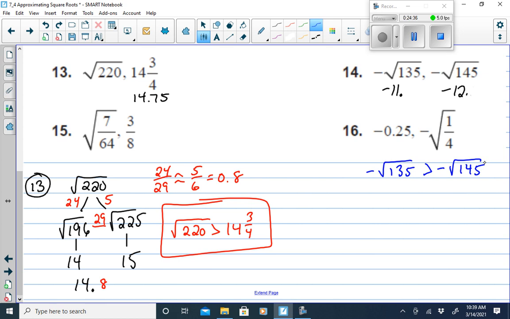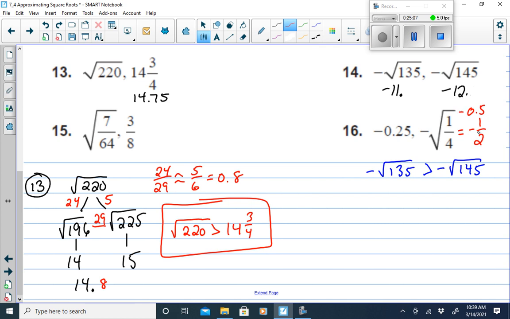Problem 16, we kind of do the same thing. It's a little easier. We'll get to 15 in a minute. But problem 16, the square root of 1 over 4, 1 is a perfect square number and so is 4, so that's going to be 1 over 2, because the square root of 4 is 2 and the square root of 1 is 1. So the opposite of 1/2, or negative 1/2, is the same as negative 0.5.